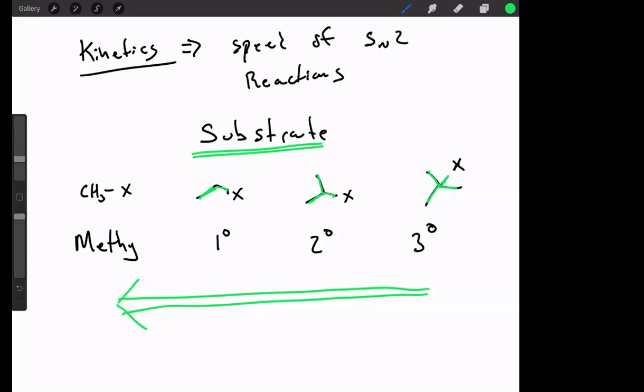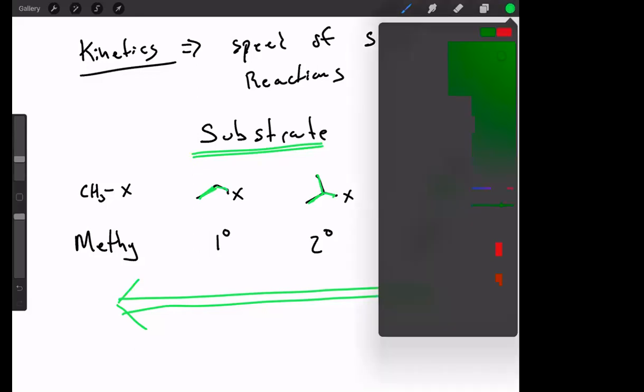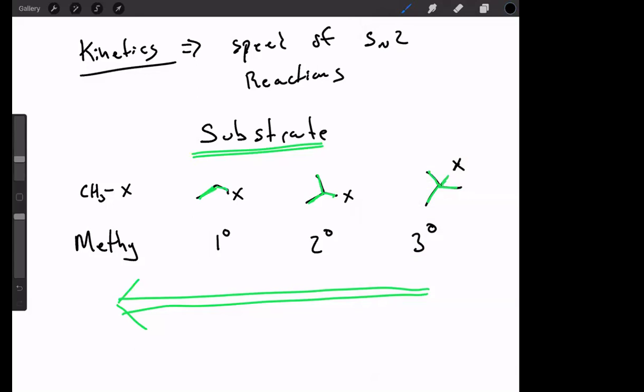Let's talk about relative rates. The thought is maybe methyl is less stable, but it's really not about the stability.